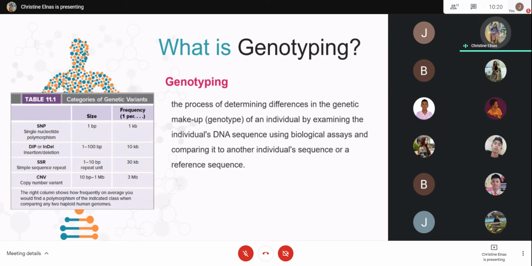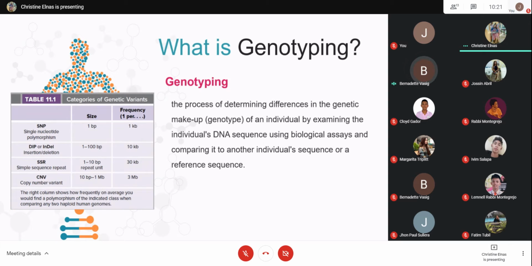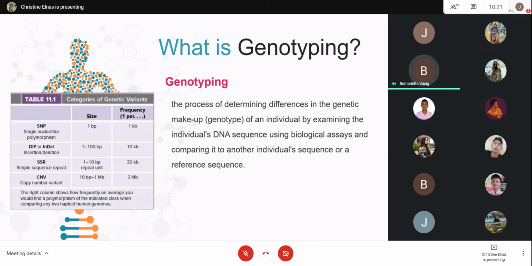They would use it, ma'am, in order to identify the differences from one person to another. Then it is also used as medicine. What about medicine? What does this variance indicate?